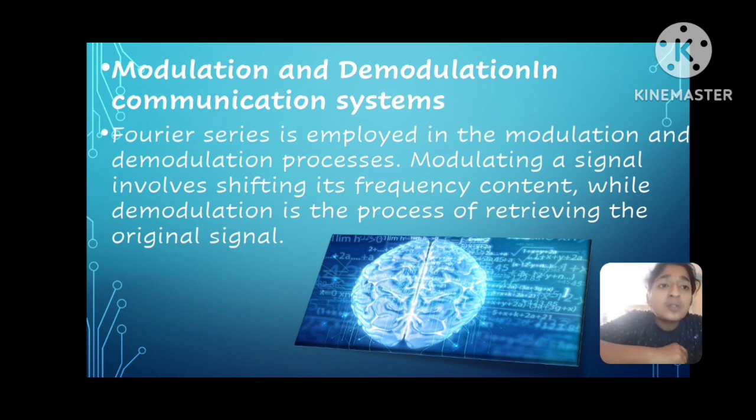First, let's go through modulation: under modulation, the signal involves shifting its frequency content. Demodulation in the communication system is the process of retrieving the original signal, where the signal that was shifted in modulation is retrieved in demodulation.